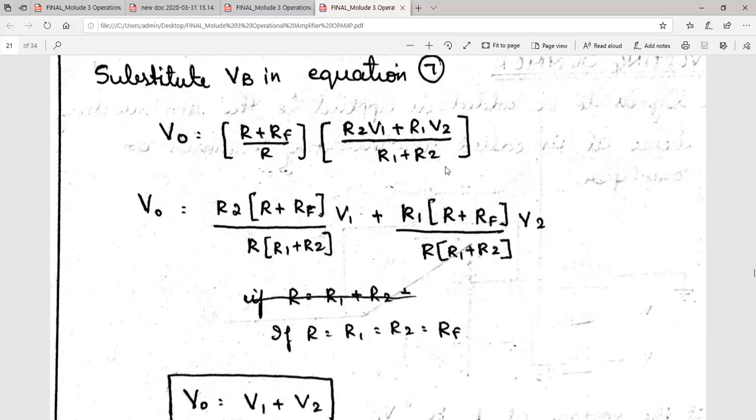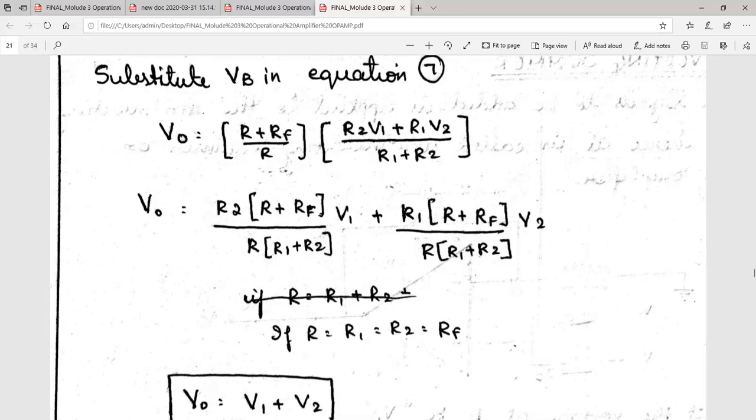And this entire term is the VB expression which we previously calculated. Now, when you simplify it further, you multiply this term inside. So R2 into this into V1 divided by the denominator plus R1 into this into V2 divided by the denominator, and the common denominator will be R into R1 plus R2.